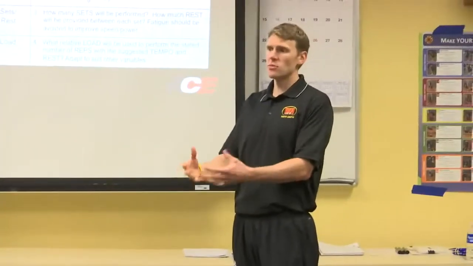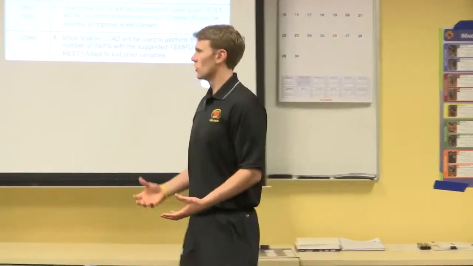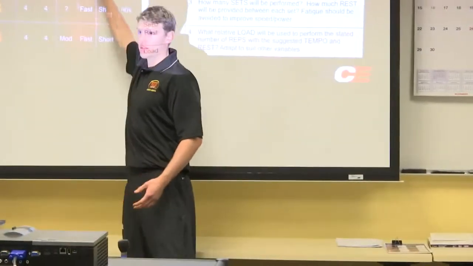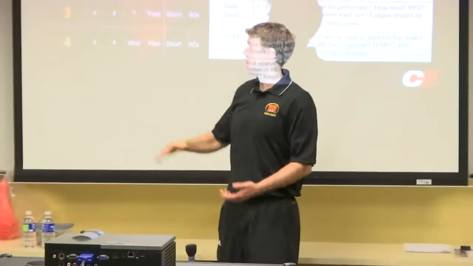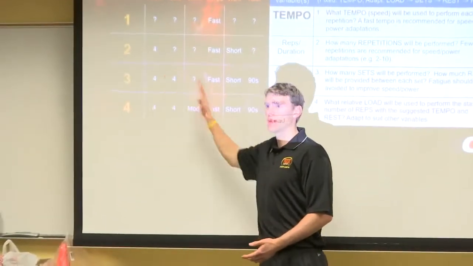So it's a relative load. We're using a different load for every single person in here to achieve the adaptation that we've set as the priority. The first time you choose a load, you're not going to know whether the load was appropriate for all these other things. But this stuff is dictating where you want to be on that continuum.